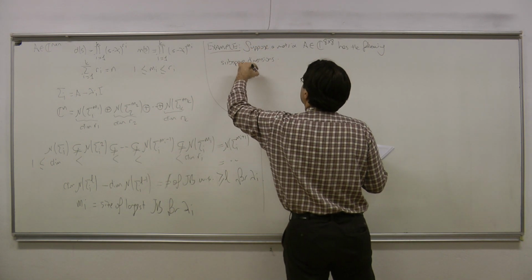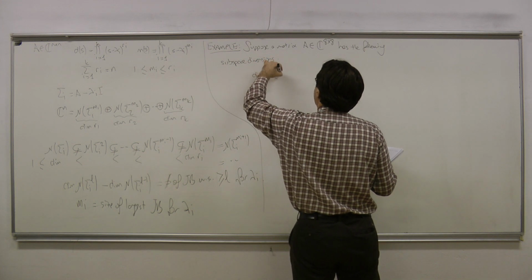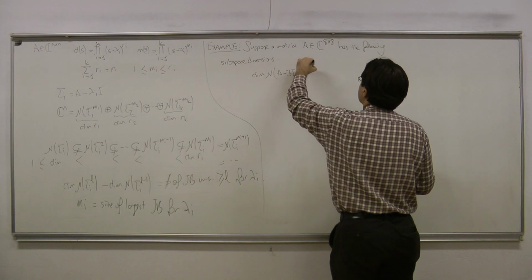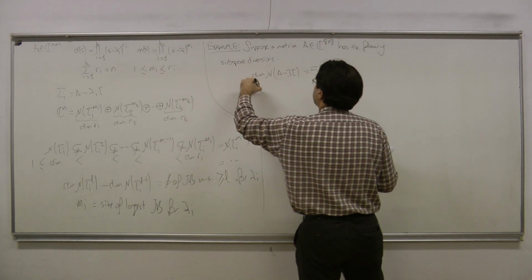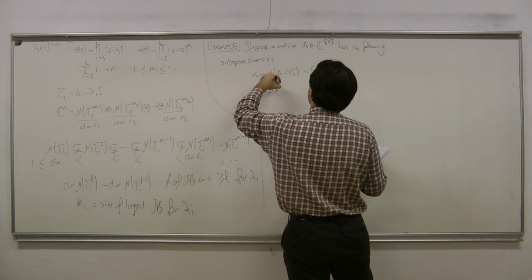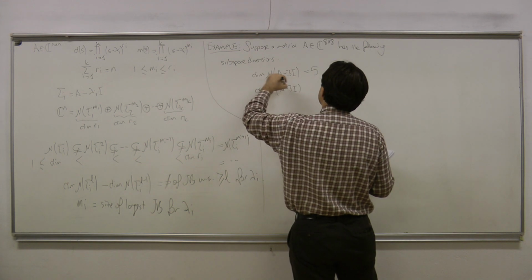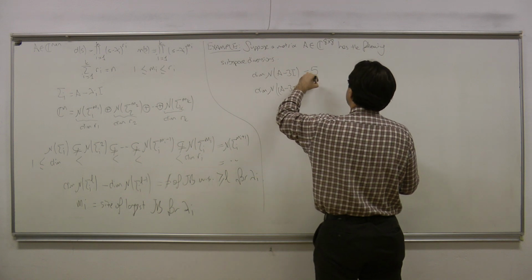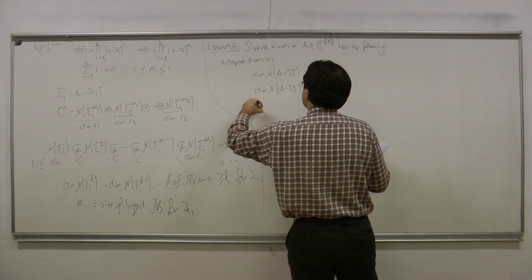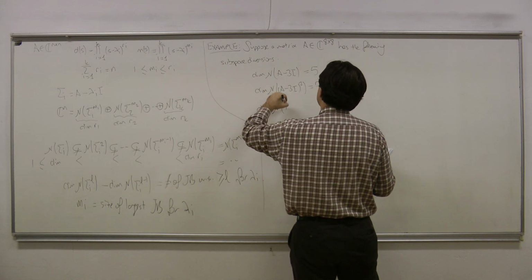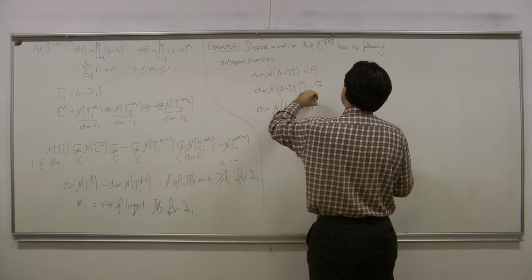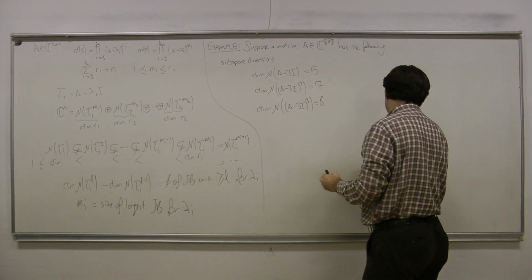Let us say that the dimension of the null space of A minus 3 identity, this is the eigenspace, is 5, the dimension of the null space of (A minus 3 identity) squared is given as 7, and finally the dimension of the null space of (A minus 3 identity) cubed is given as 8.